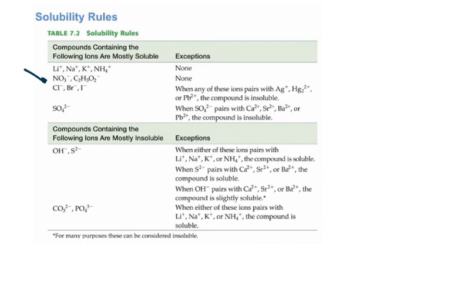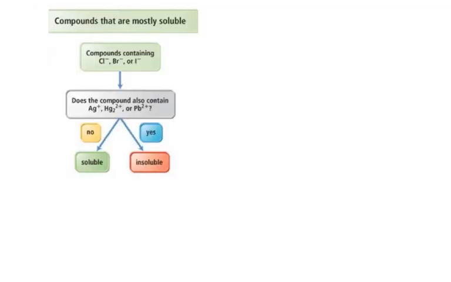The only time that the halides are not soluble is if they are paired up with silver, mercury, or lead. So let's take a look at this rule with some examples. Here's the flow chart. So the way you would ask yourself is, if you have chlorine, bromine, or iodine, ask yourself this question: does it have silver, mercury, or lead?